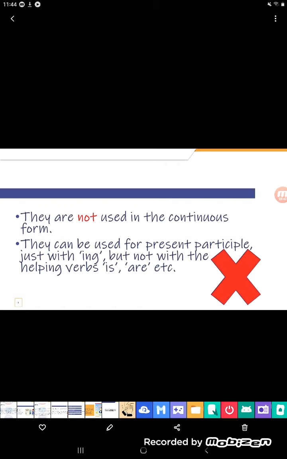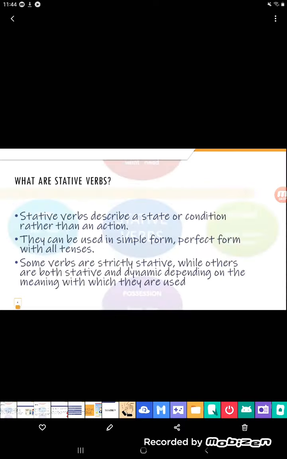So in the previous example you're talking about swimming as a verb, and in the later one you're talking about swimming as a noun, the name of an activity, that is swimming. Okay, so that is your present participle which is functioning as a gerund. Okay, so in that way you can use stative verbs with present participle, but you can't use them with the helping verbs is, am and are. Okay, hope that is clear.